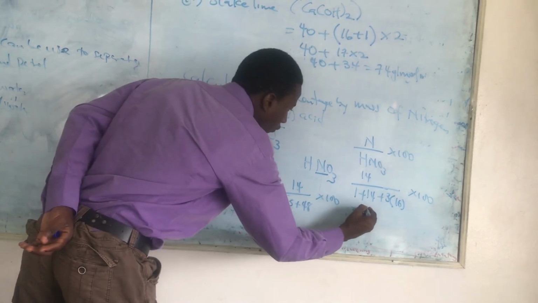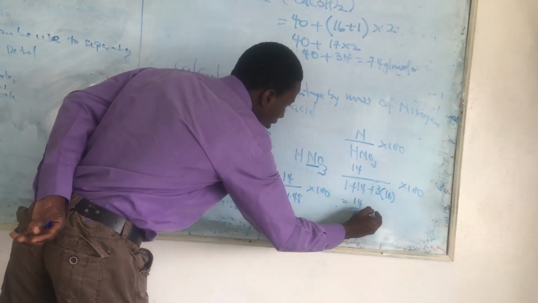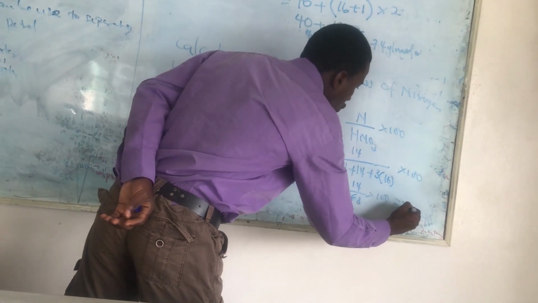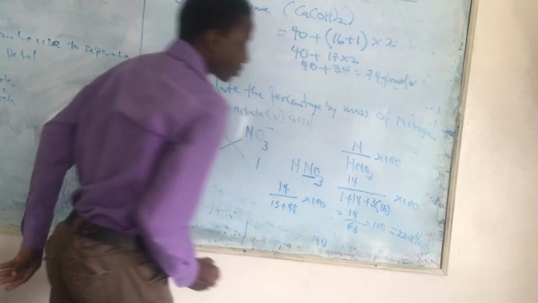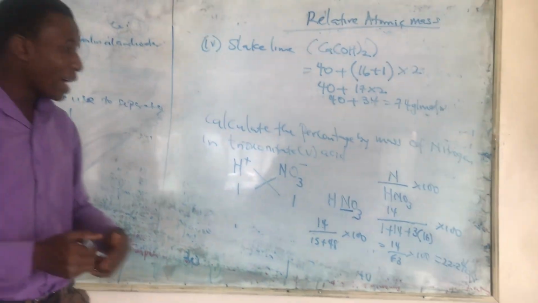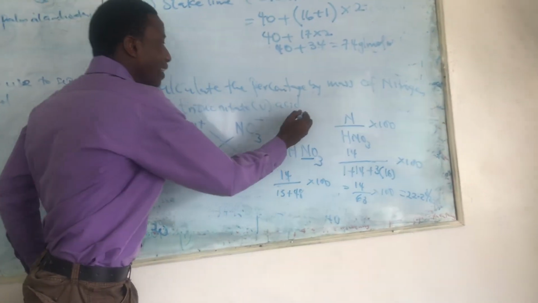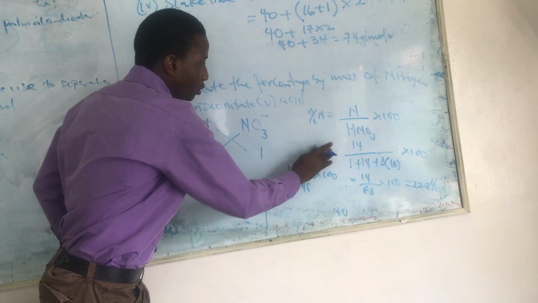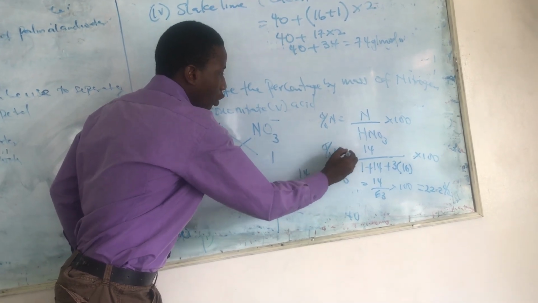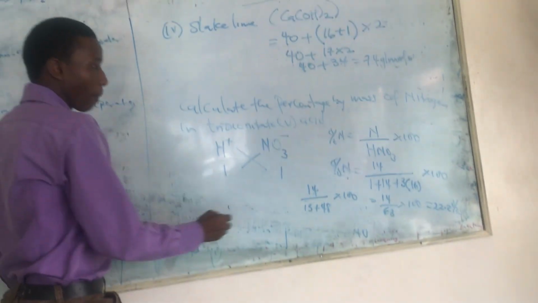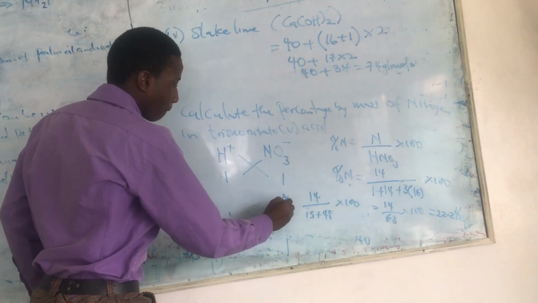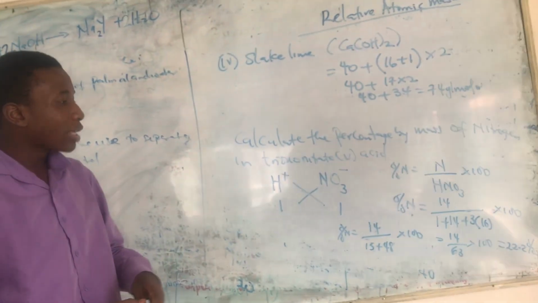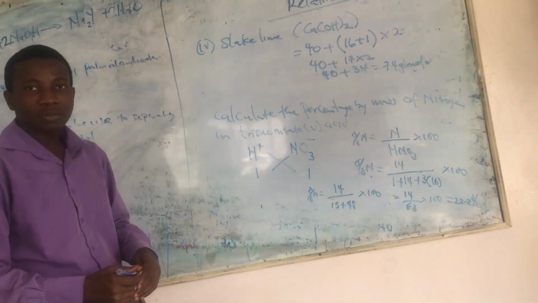Then we have 14 over 63 times 100. And that should give us 22.2%. So that is the percentage of nitrogen in HNO3. So that is how to calculate the percentage by mass.